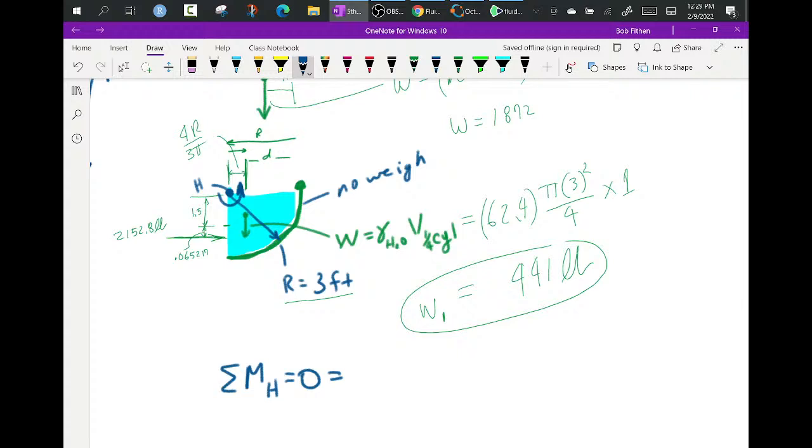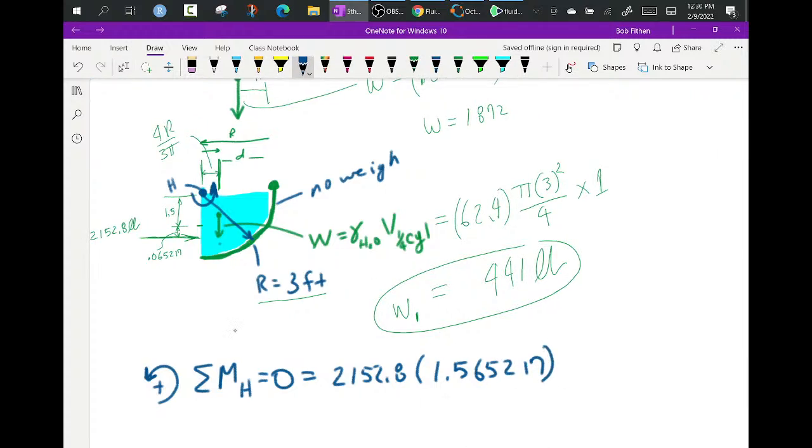And so what we'll do is sum the moments here. So we'll start with this one. We'll say 2152.8 times, and if it's going this way, I guess I'll make that positive, times 1.565217.